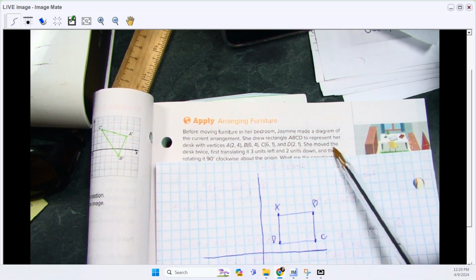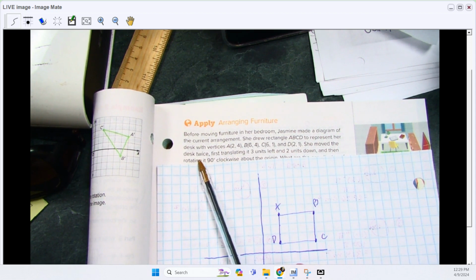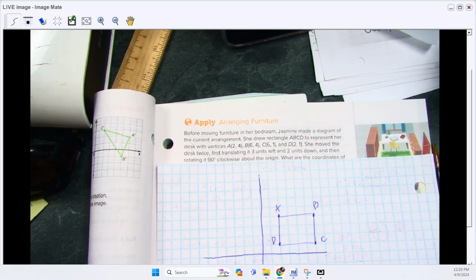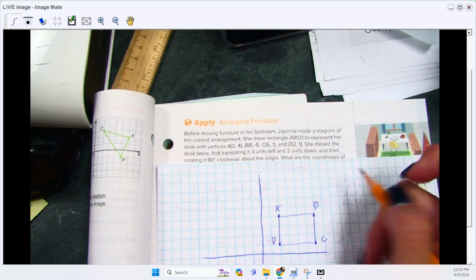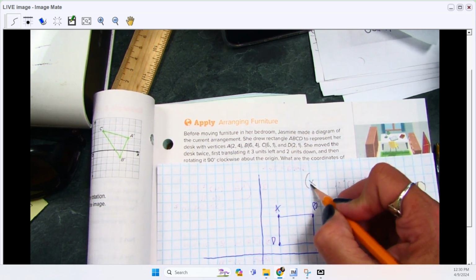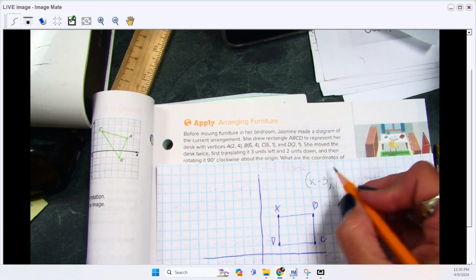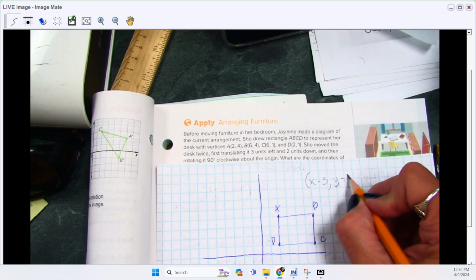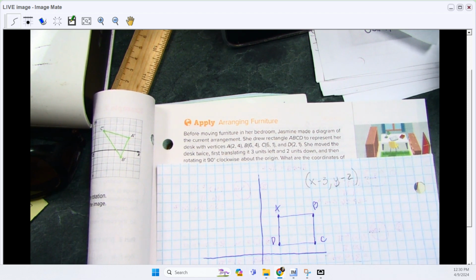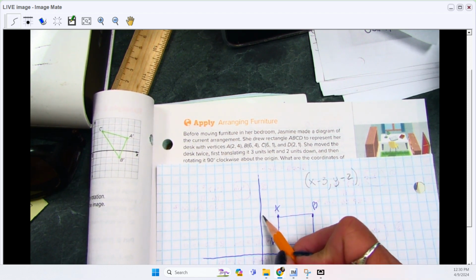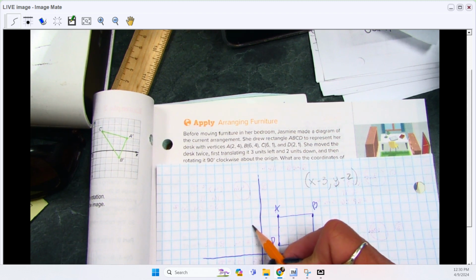It says she moved the desk twice, so she's going to move it 2 times. The first time, translating this, 3 units left. So x minus 3. And then 2 units down, so y minus 2. So I'm going to go to the left 3 and down 2. So I go 1, 2, 3, 1, 2.